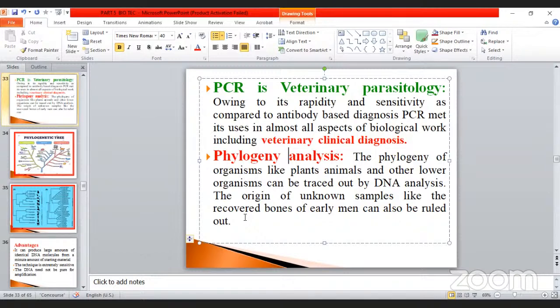That is very, very important. There is a link between you and your grandparents by this methodology only. The phylogeny of organisms like plants, animals and other lower organisms can be traced out by DNA analysis. The origin of unknown samples like the recovered bones of early men can also be determined. Okay, we are all human beings, right?